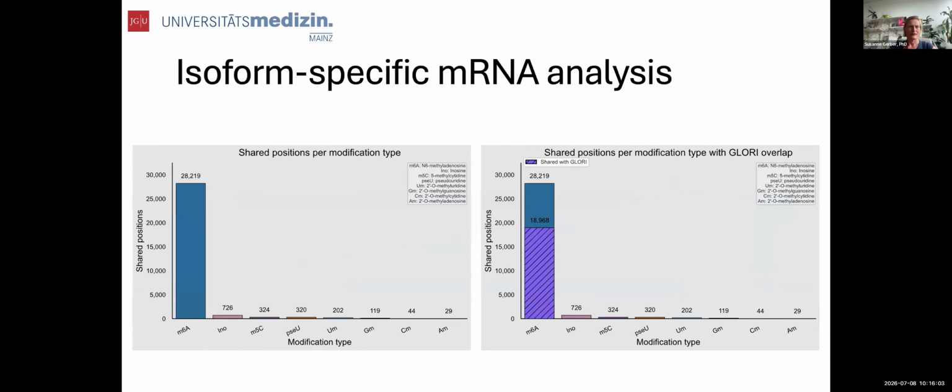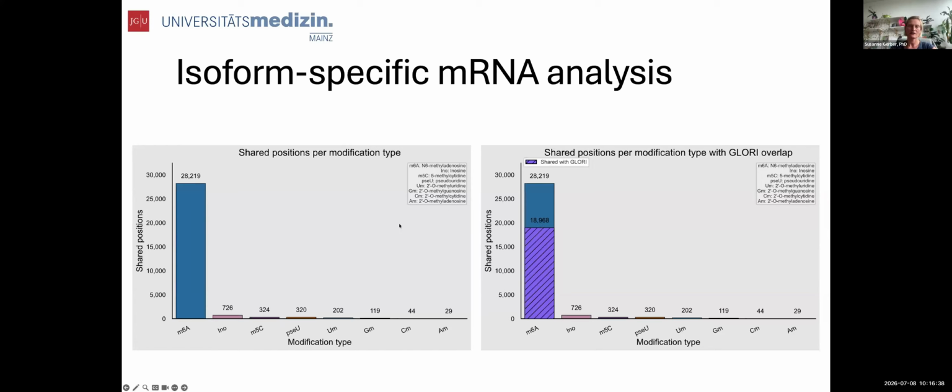Then we investigated these common modifications further, which we call, so to say, a backbone of the cohort. These are all modifications that were really called in each and every subject, from the newborn up to the elderly. These are almost 30,000 modifications on isoform level. We also investigated whether we could confirm these modifications via an orthogonal approach.